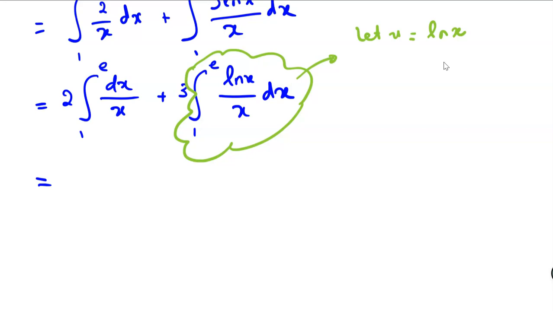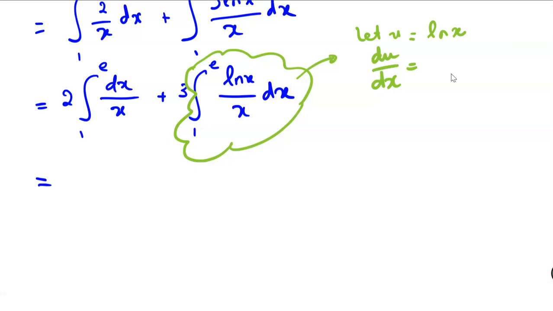If you know how to analyze your integrand, you are already halfway to your solution. Okay, because while analyzing your integrand, you kind of figure out what method you're going to use here. So I let u equal to ln x because I know that after I let something equal to u, I have to differentiate. So that means I have to find du over dx. Okay, so write du over dx.